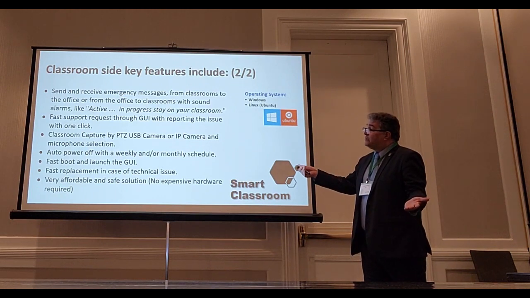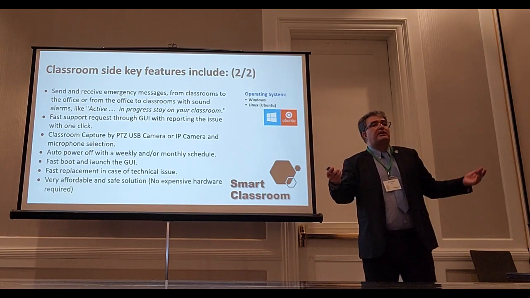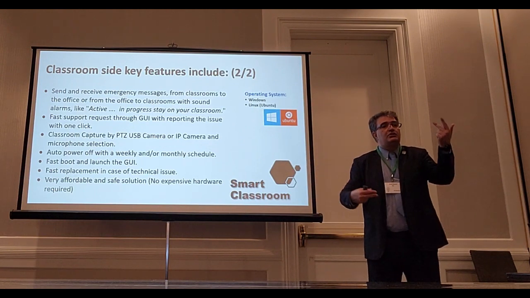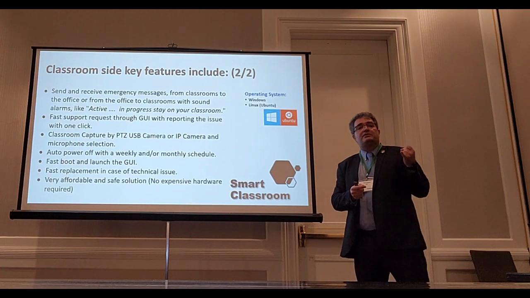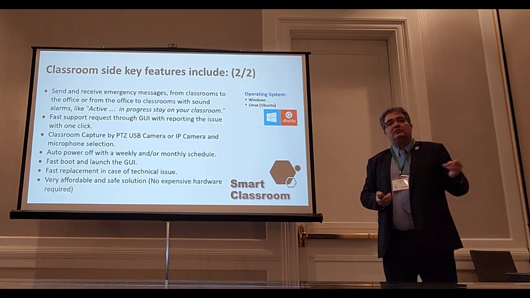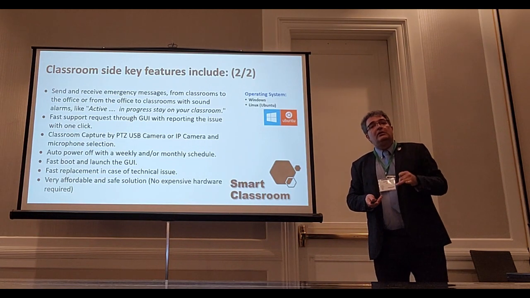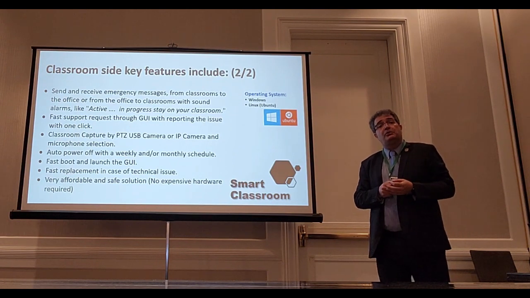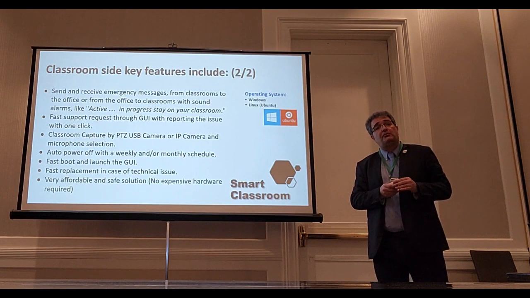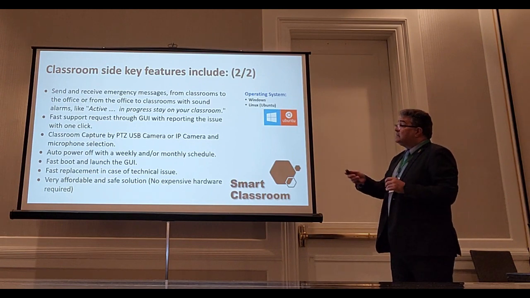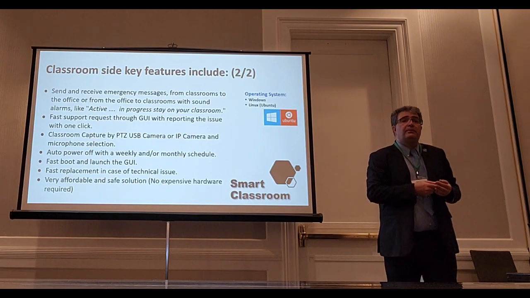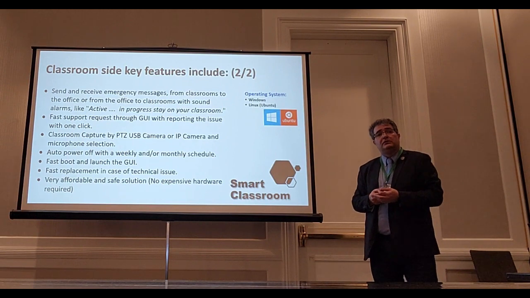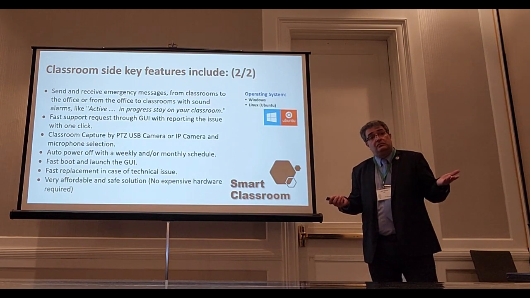For switching, you just need these two. Micro switcher, very simple, $100. A good one you can find is 4x4, able to be remotely controlled by serial port, communication port, and a USB hub about $45, USB 3.